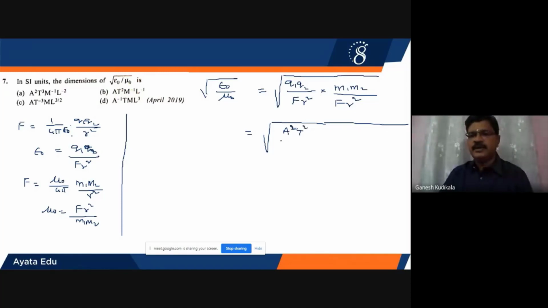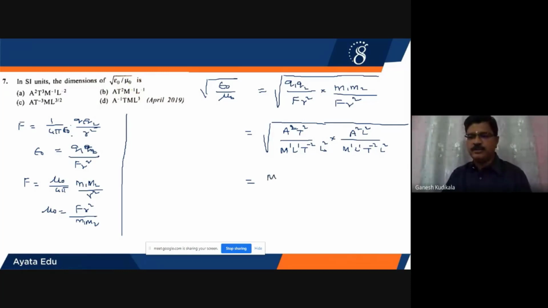A square into T square divided by F, which is M1 L1 T to the power minus 2. Distance is L square, divided by, once again, M1 into L1 into T to the power minus 2 into L square. M is actually pole strength. Pole strength is current into length. Therefore A into L will become A square L square because of M1 M2. Now let us simplify. M to the power of 1, M to the power of 1, M to the power of 2. If it goes to the top, M to the power of minus 2.